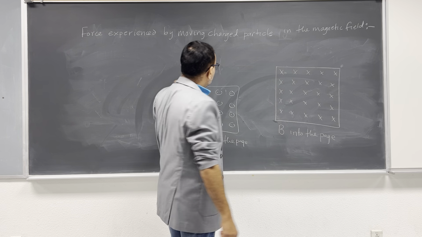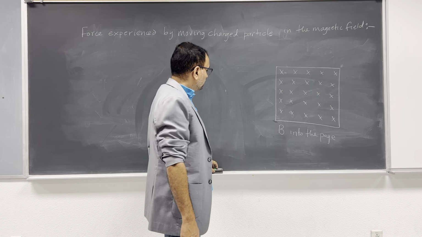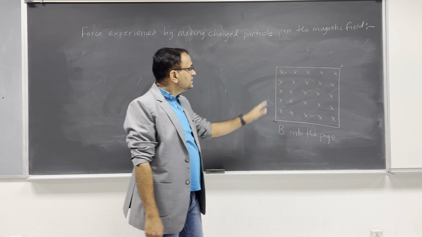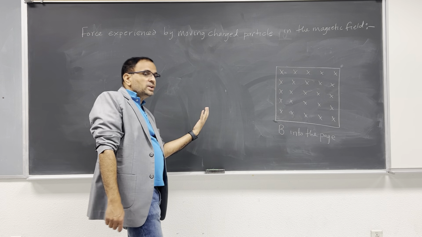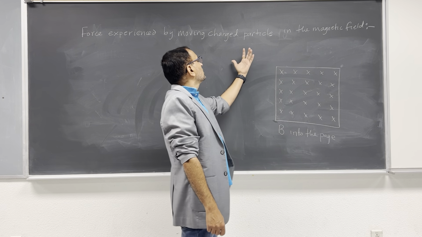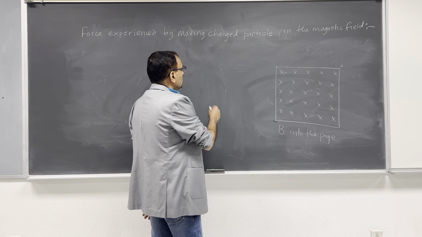So I want to draw that. The magnetic field is into the page, and the magnetic field is uniform. What we are doing here is calculating the force experienced by a moving charged particle inside the field.